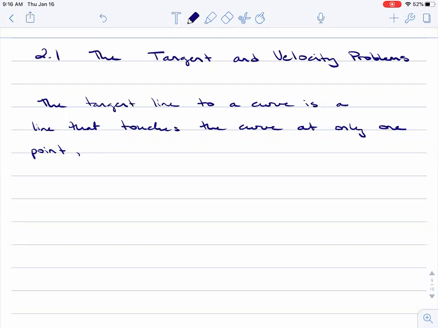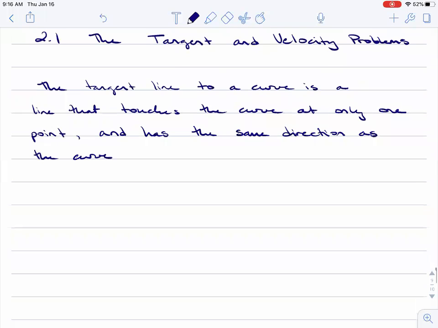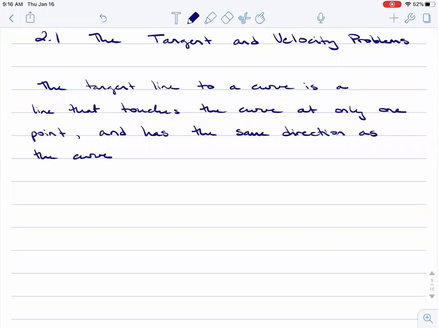So that's going to be key, right? And has the same direction as the curve at the point of contact.